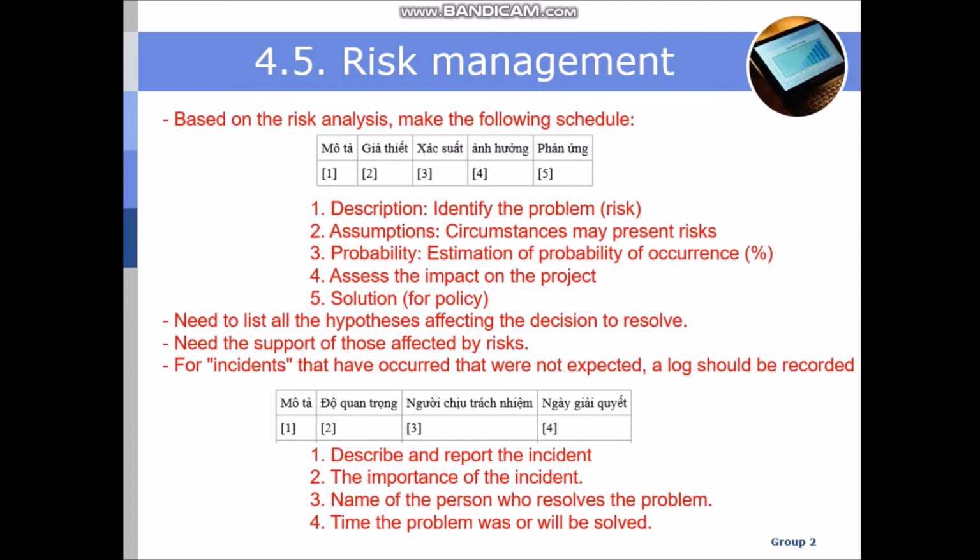Need to spot those affected by risk. For incidents that have occurred that were not expected, a log should be recorded. The first, description and report of the incident, the importance of the incident, name of the person who resolved the problem, time the problem was or will be solved.